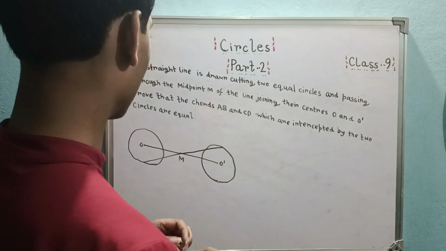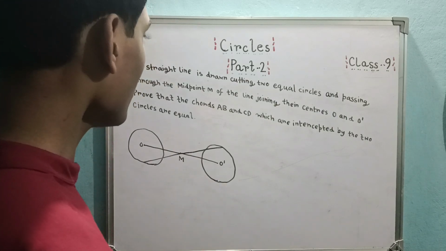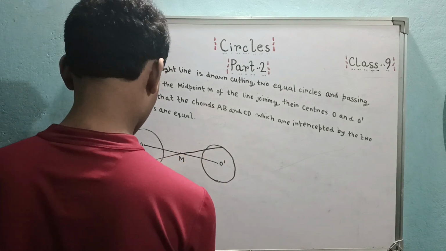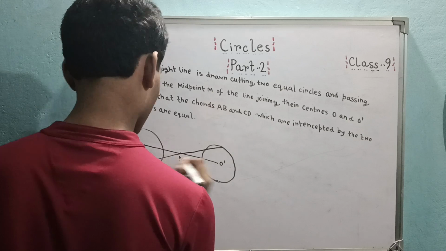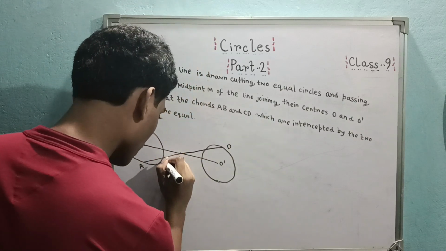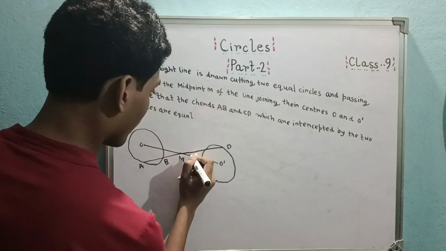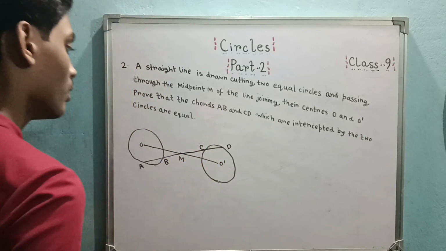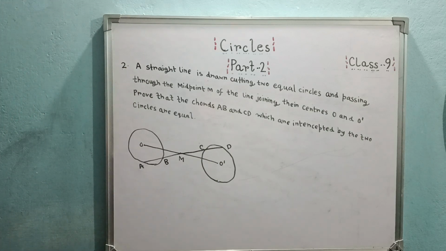So what we can do here is, suppose this big straight line is AD. Then this is B, and then this is C. Then AB and CD are chords, right?